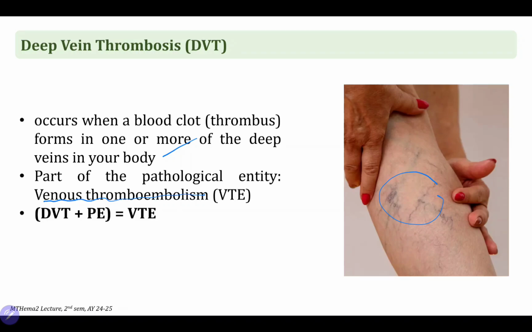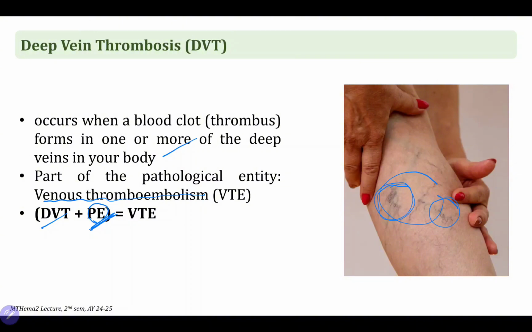Your VTE is composed of your DVT, deep vein thrombosis, at saka pulmonary embolism. Kasi nga nagtatravel yung thrombus or blood clot in the circulation. So, either they stay in the deep veins ng patient or it could travel to the lungs of the patient, which eventually leads to pulmonary embolism.